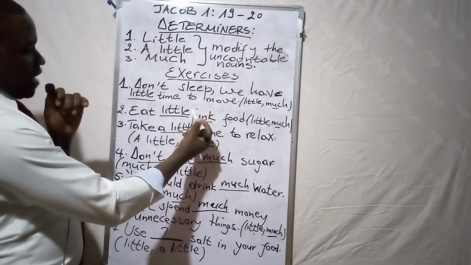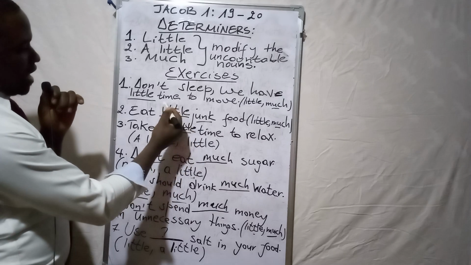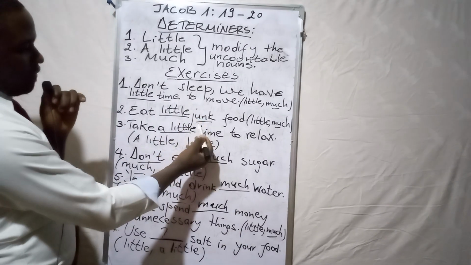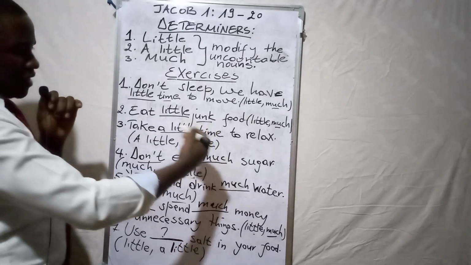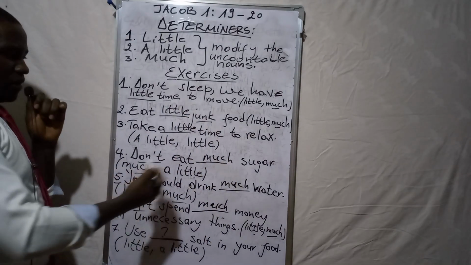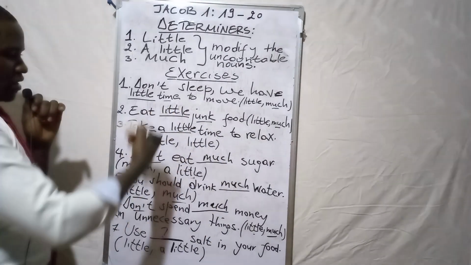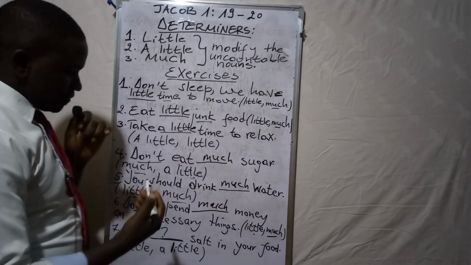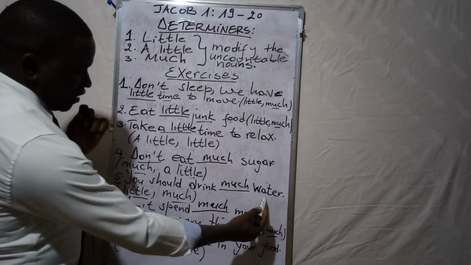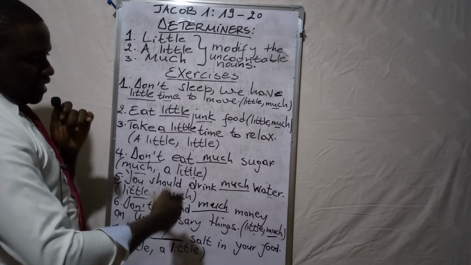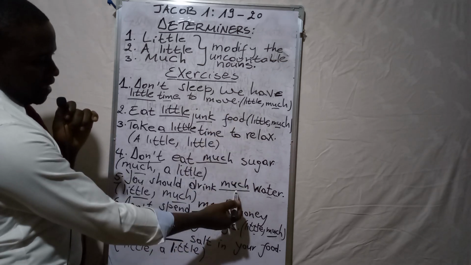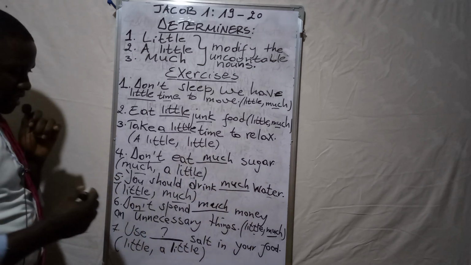Here we have time, which is uncountable. Junk food is also uncountable. Sugar is also an uncountable noun. And water is an uncountable noun, being modified by much.